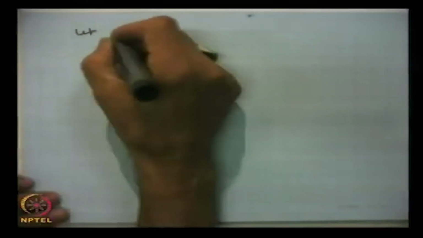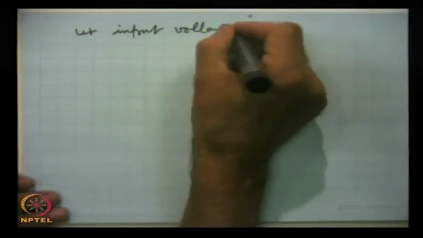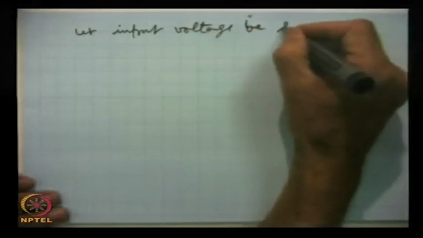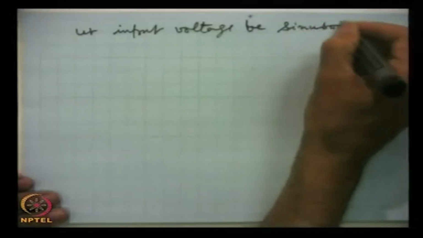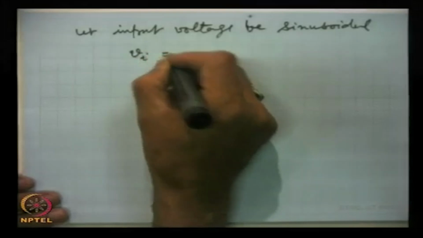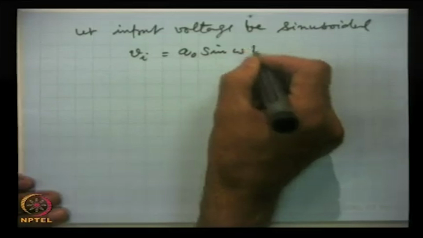And if the input is a sinusoidal signal, let input voltage be sinusoidal, say Vi is A0 sin omega t.